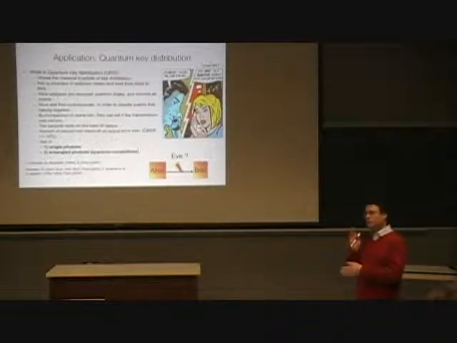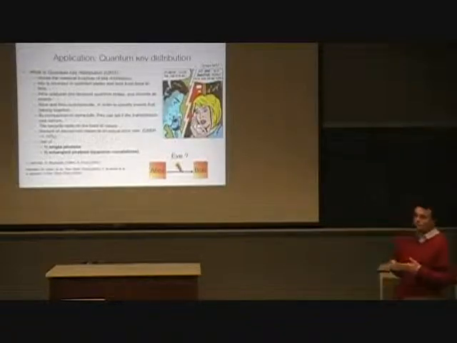If one tries to gain information on the superposition state of those two polarizations, for instance, then the state will be disturbed and errors are introduced in the transmission channel. So what Alice and Bob do is simply, Alice prepares a sequence of randomly polarized photons, sends them across to Bob.